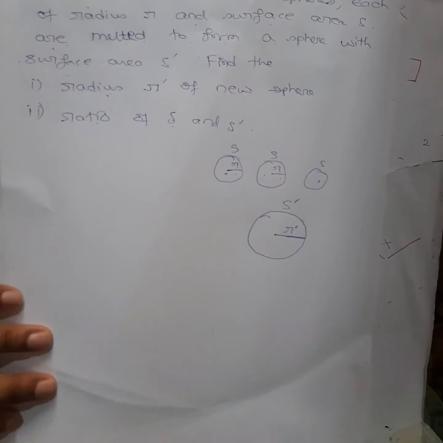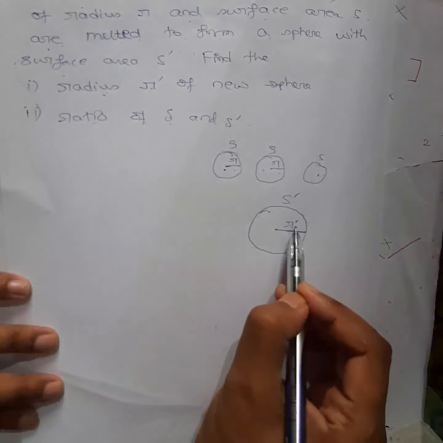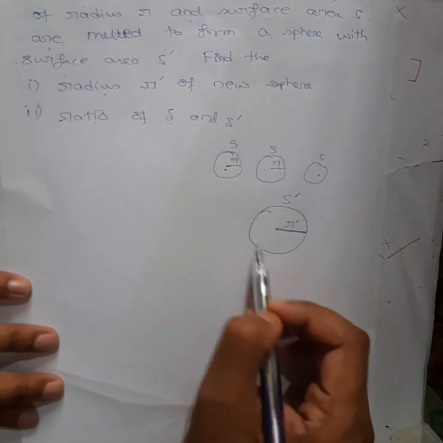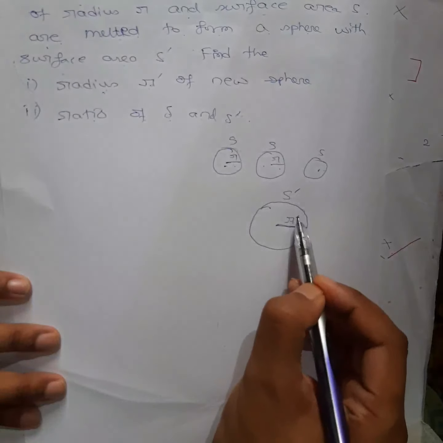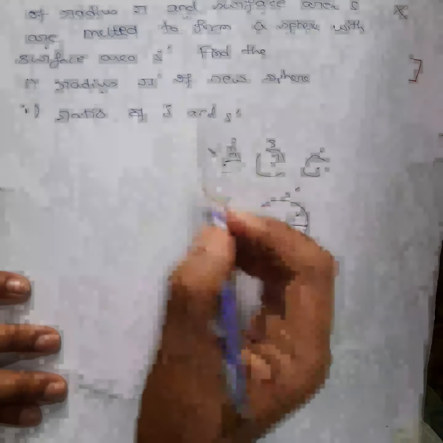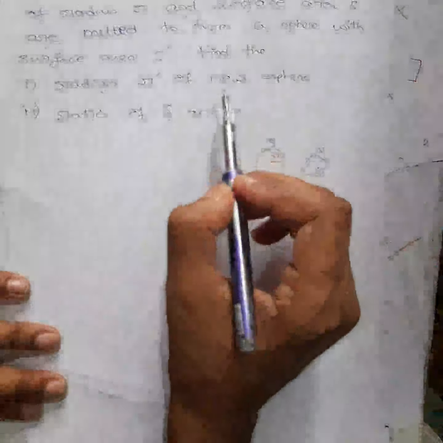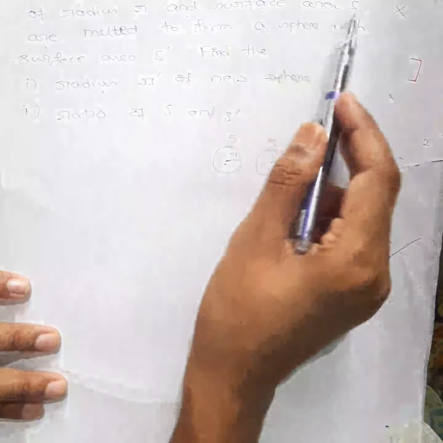So let's try to find this out. Now the question is how you will find r dash. R dash is the radius of the new sphere. To find r dash I need an equation for r dash, right? Now see here, when you find r dash, obviously it won't be a number or value, because nothing is given in terms of value.